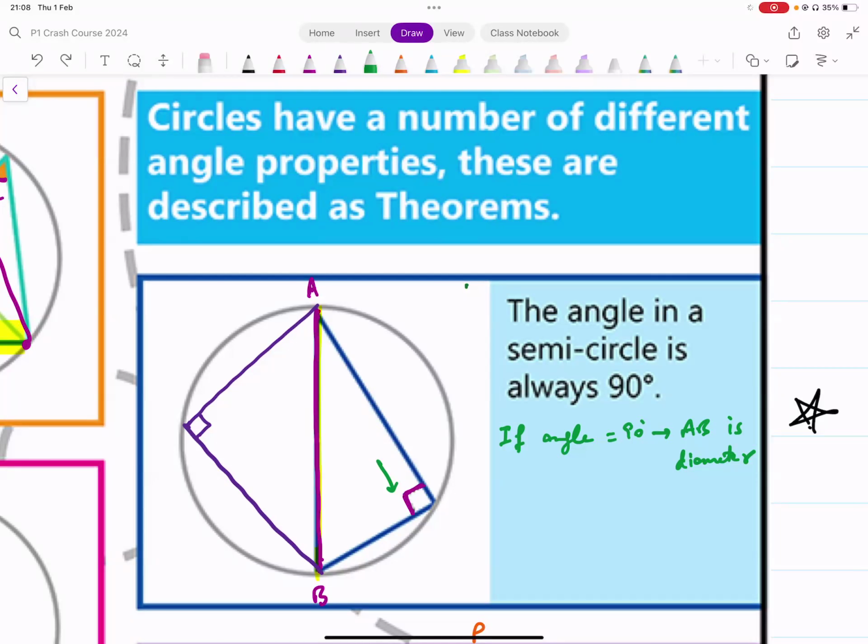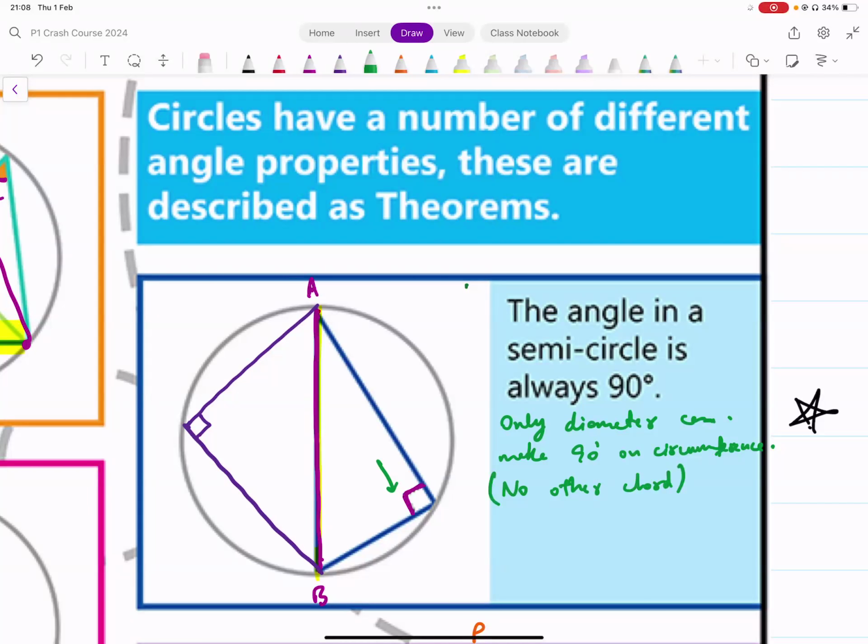Is that okay? This is important. Only a diameter can make 90 degrees on the circumference. I'll actually just write it like that. Only diameter can make 90 degrees on circumference, which means no other chord can do it.